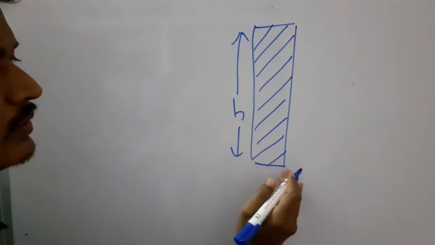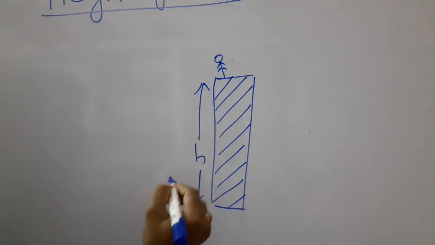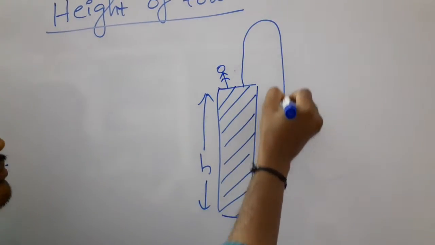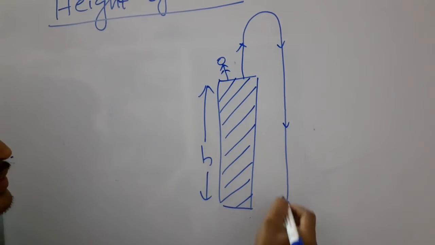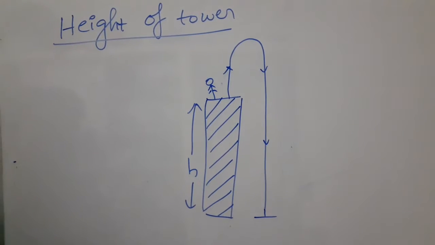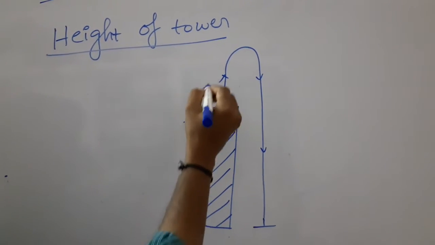Okay, so we can consider a person standing on the top of the tower, who throws an object vertically up, and it reaches the ground. Then what is the time taken? From this, how can we measure the tower height?